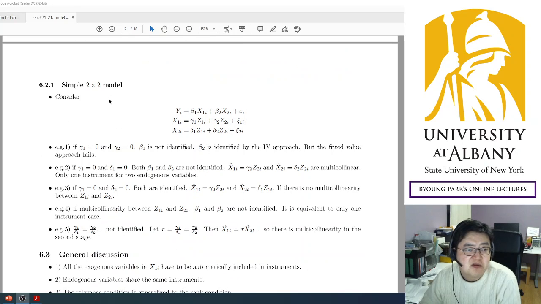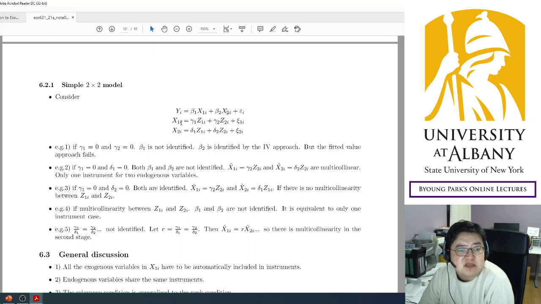So I prepared a simple 2x2 case. I consider y is determined by x1 and x2, and both x1 and x2 are endogenous. In this case, there is no exogenous variable. So both are endogenous. So there are separate equations for x1 and x2.